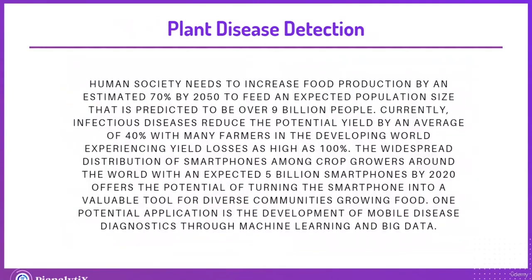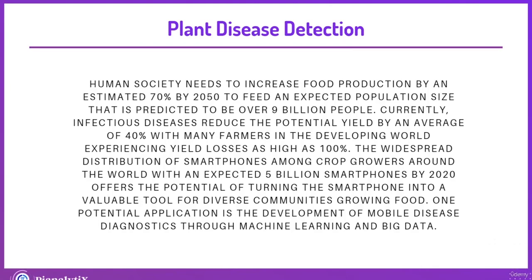So what is the use of this project is that currently human society needs to increase the food production by an estimate of 70% by 2050. And it is predicted to be over 9 billion people. Currently, infectious disease reduce the potential yield by an average of 40%, which means that out of 100, we get only 60% of the crops that are yielded every year due to infectious disease.